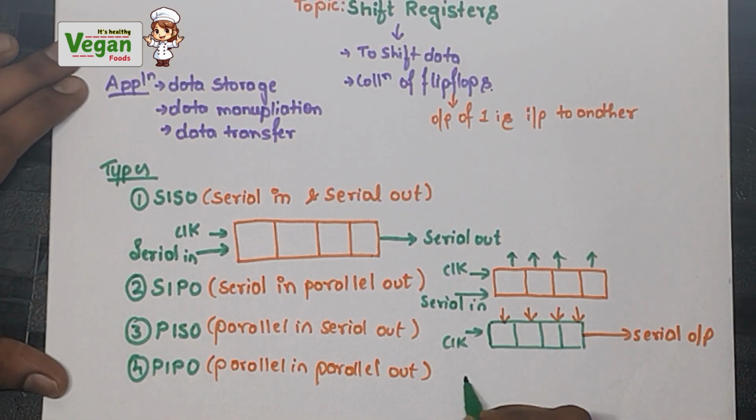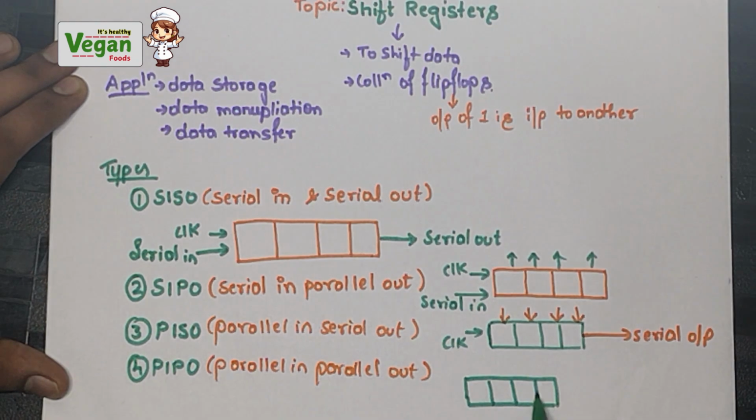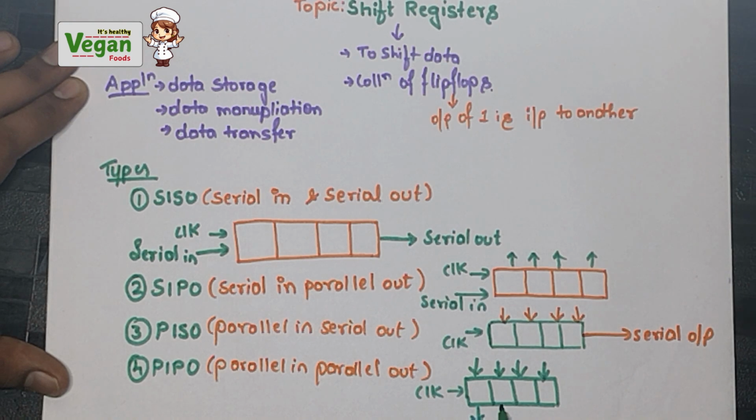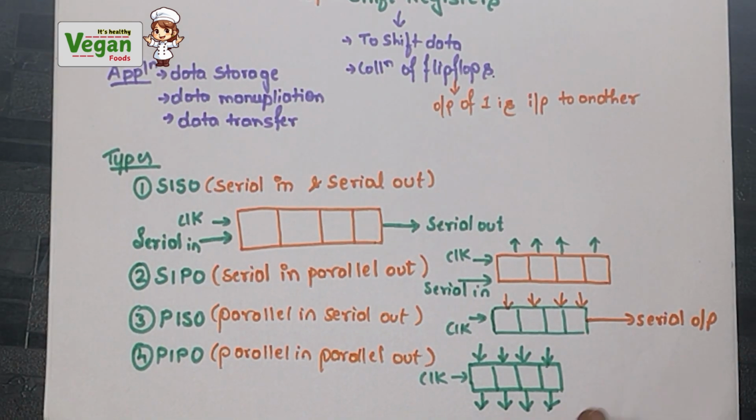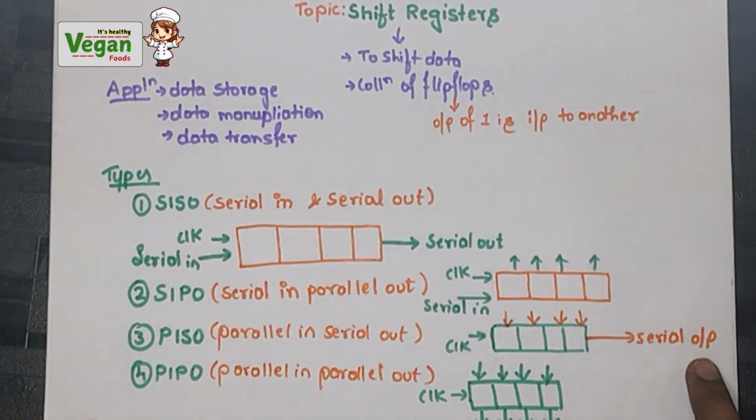How can we depict them? 4 blocks of flip-flops. Clock is the common input. The inputs will be parallel to each other and the outputs will also be parallel to each other. So this depicts the parallel in, parallel out shift registers.